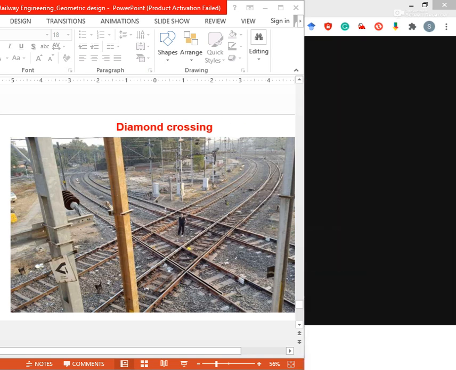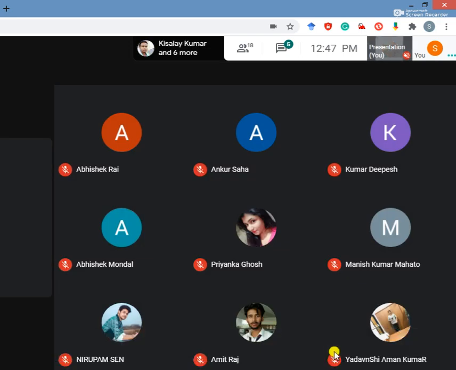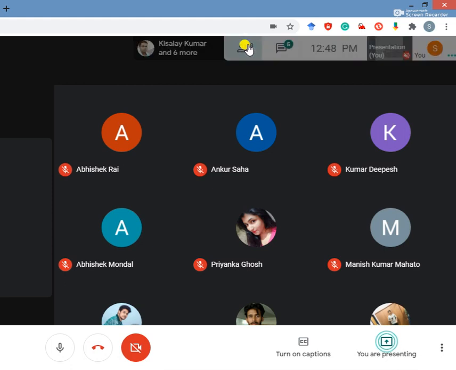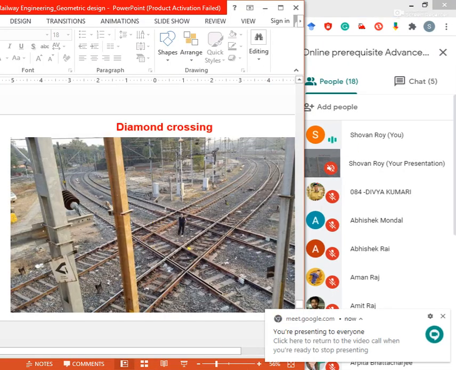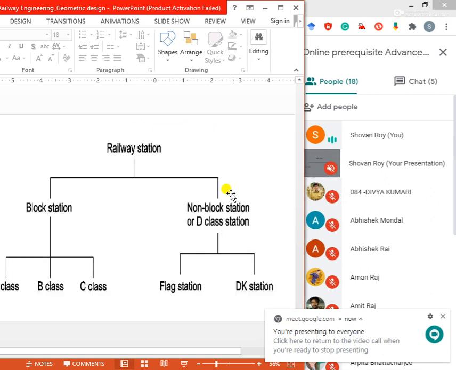Okay, I think this is enough up to this classification and requirements of the railway station yards.